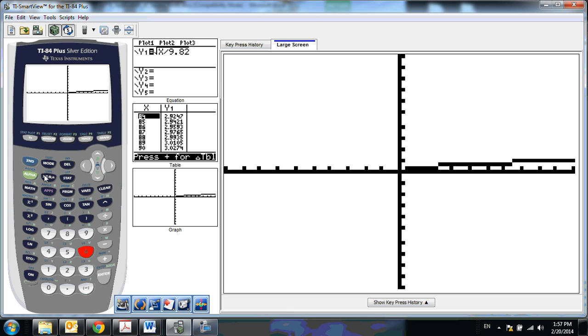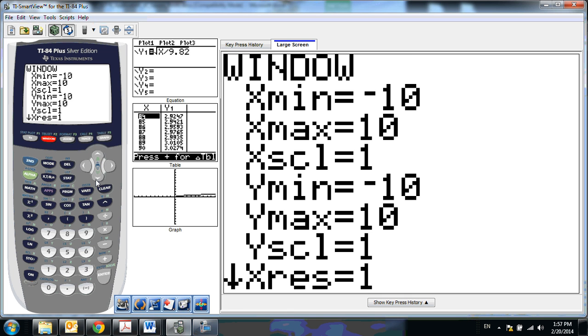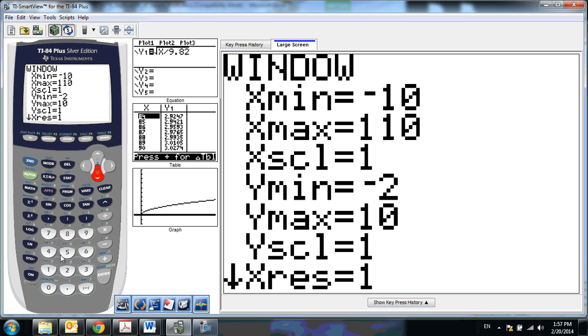So go to your window, and I would try maybe 100 as your X max, or 110, 115. I'm going to mess with my Y's just a little bit. You do not have to, but it's going to help give us a prettier picture. What Y value am I concerned with? 3. I'm concerned with a y value of 3. So I'm going to do from -2 to 5. You can just play with that.